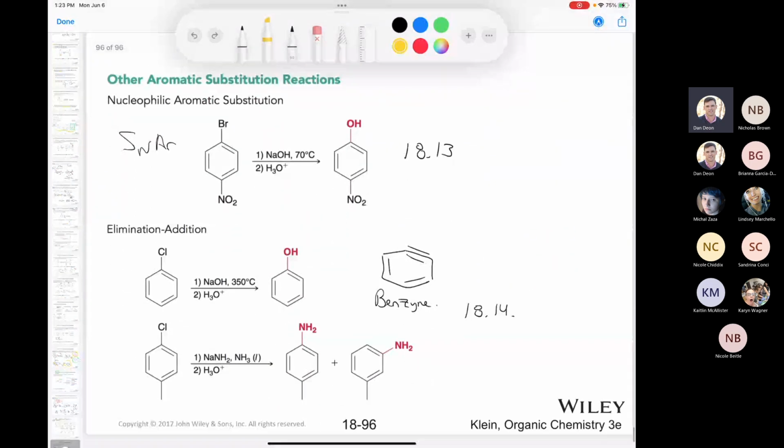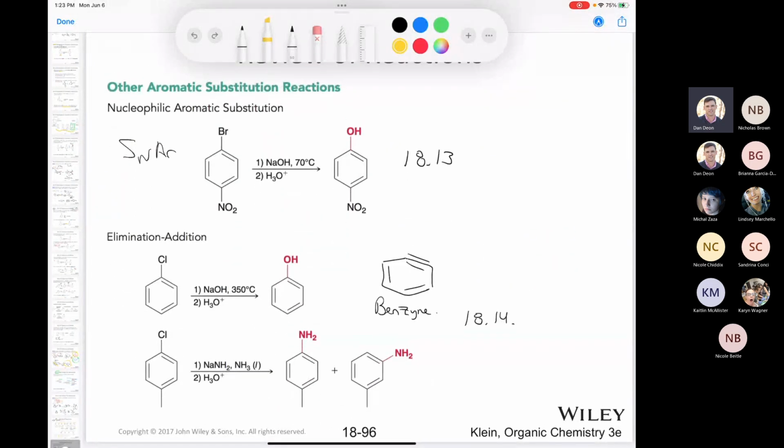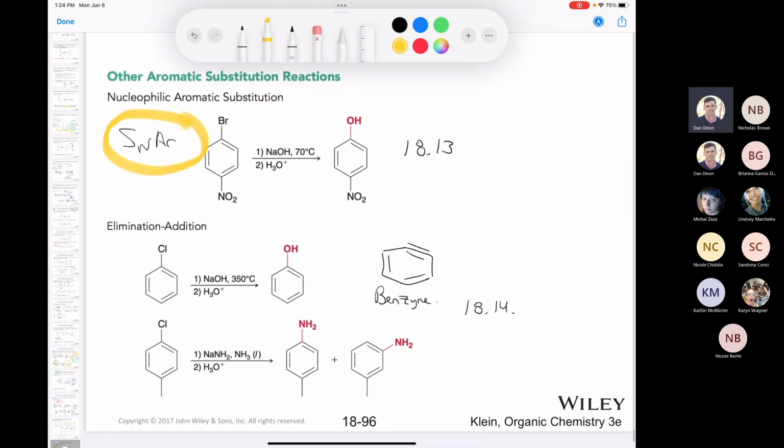What else? We dealt with SNAr. Again, I think I told you this last class, but those standardized exams, whether it's an exam for dental school or what have you, they love to ask about SNAr chemistry, so make sure you're aware of that. And the last one is the elimination-addition, and that requires really forcing conditions to do.